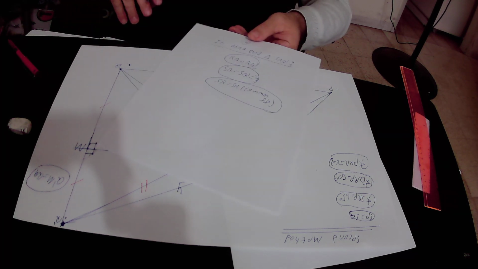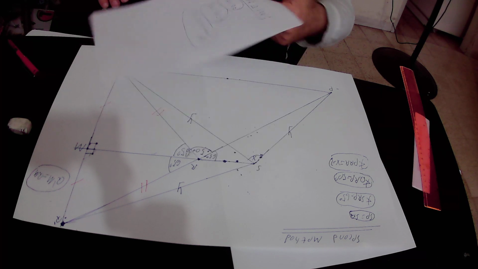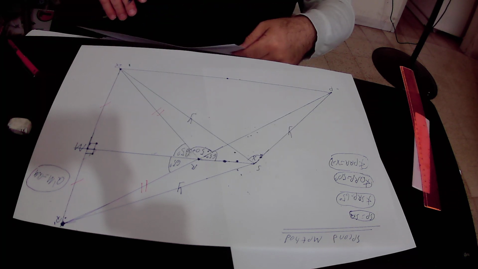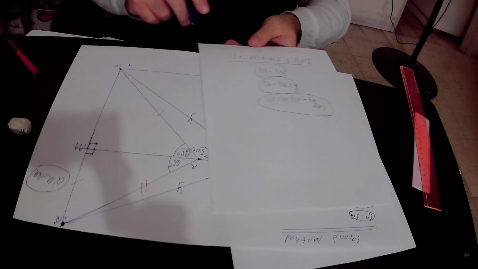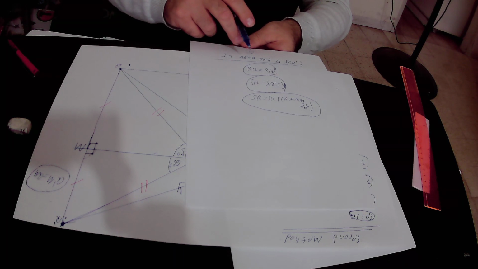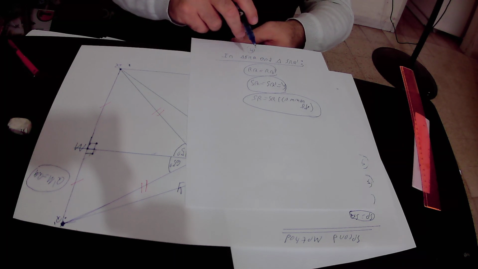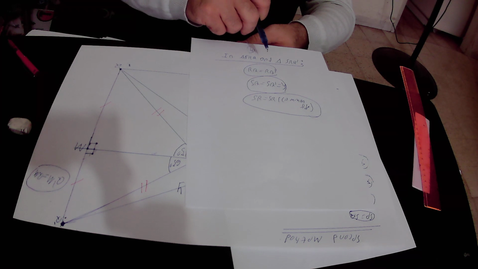Okay, SR equals SR as a common side. So we proved that all the sides of triangle SRQ are equal to all the corresponding sides of triangle SRQ dash.